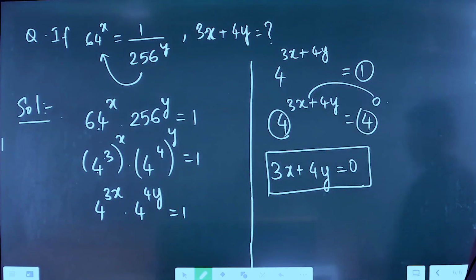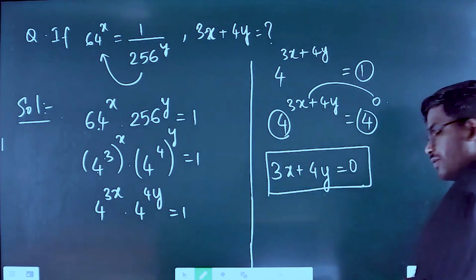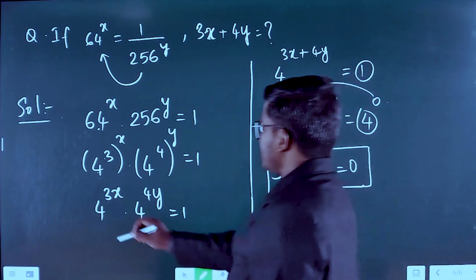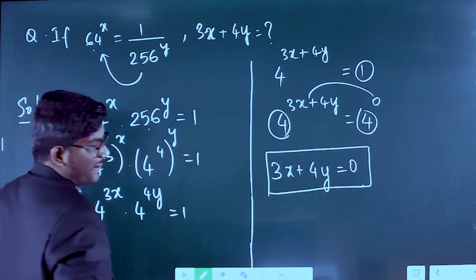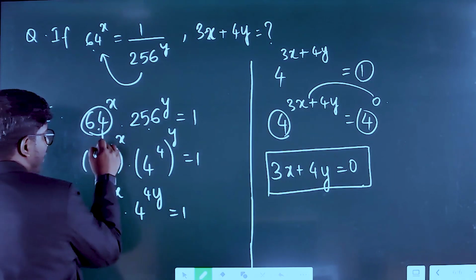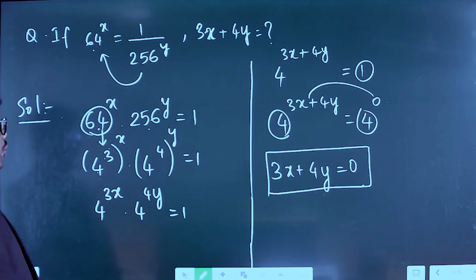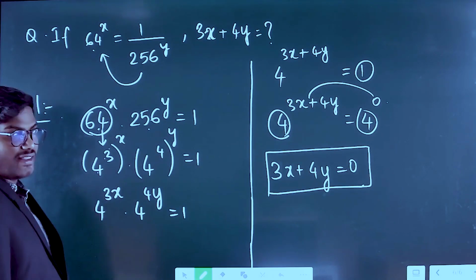Alright, we'll move ahead with one more question. If you want to note it down, you can note it down. We started off with considering 64 power x into 256 power y is 1. Now 64 power x can be written as 4 cube whole power x. So a power m whole power n shall be a power mn. So this became 4 power 3x.